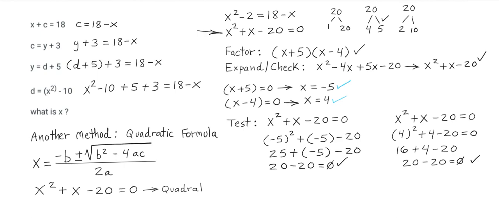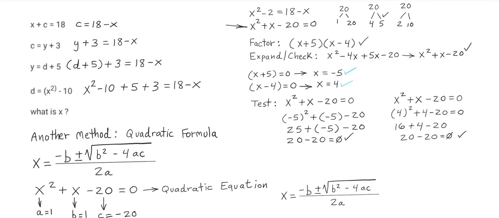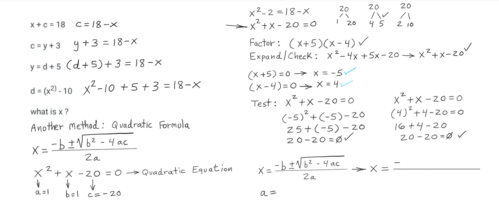So the x squared is 1 for a, the x is 1 for b, and then the negative 20 constant is c. So if you solve using this method, we would have negative 1 for negative b plus or minus the square root of b squared, so that is 1 squared, minus 4 times a, so 4 times 1, and then times c, negative 20, divided by 2 times a, or 1.